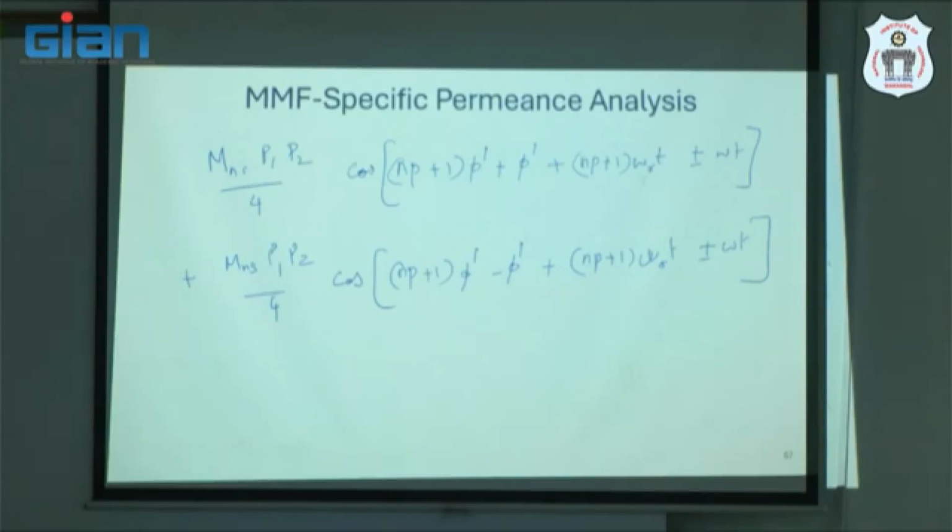So I can simplify these two expressions. This will result in (np plus 2) phi dash, whereas this will result in np phi dash. Okay? Any questions?